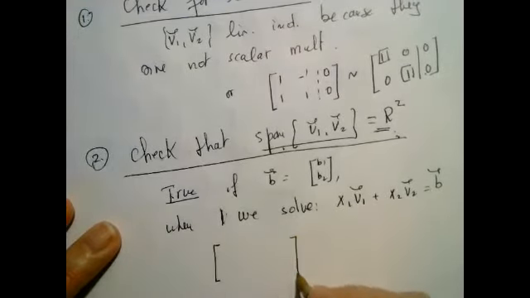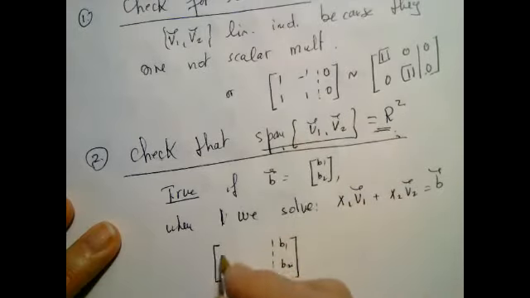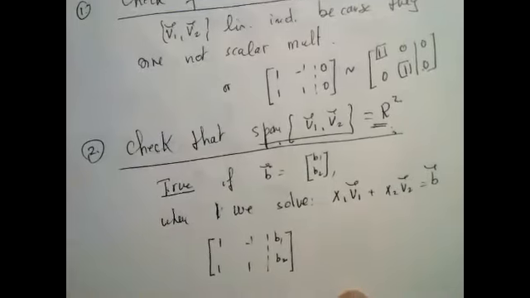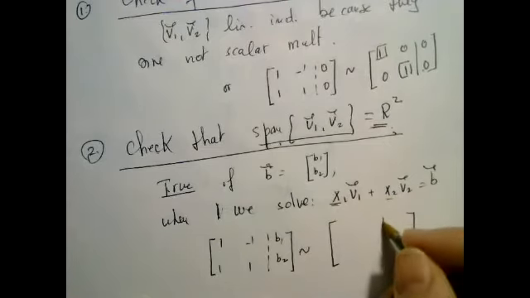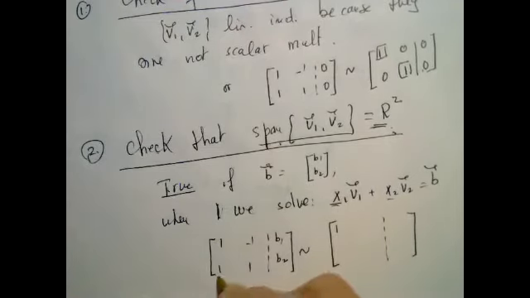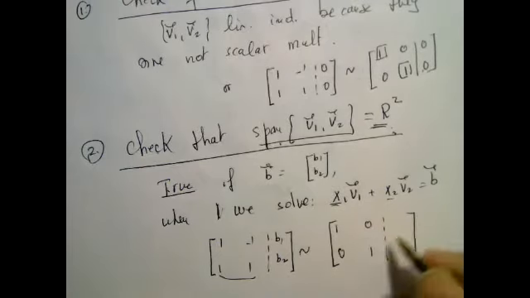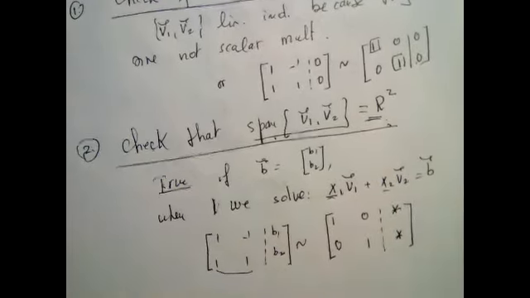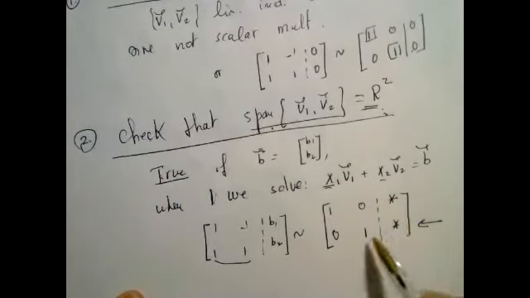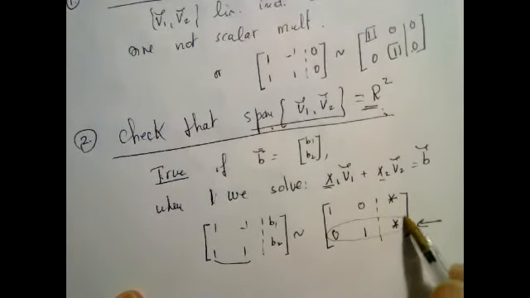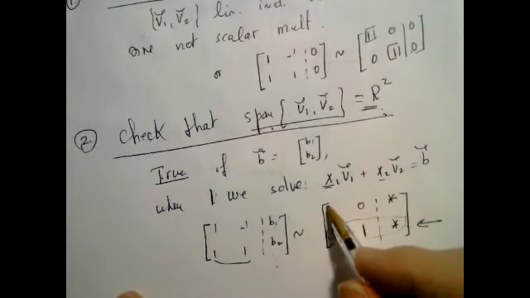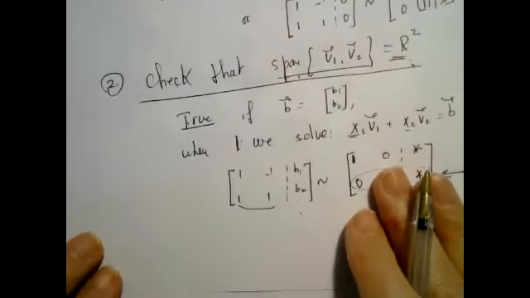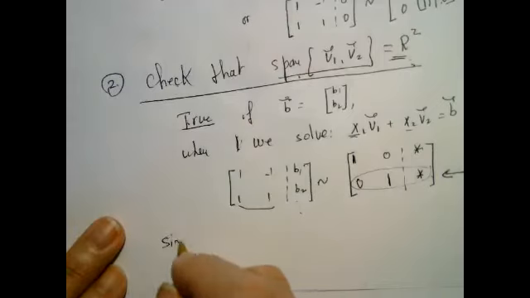If we write the system with my vectors V1, V2, the ones you guys gave me, and ask whether I have weights, we know what's going to happen. This piece is going to turn into that, and this will turn into something. Regardless of what B is, the system has a solution. There is no inconsistency, because I have a pivot in every row of the coefficient matrix, so the system is consistent.